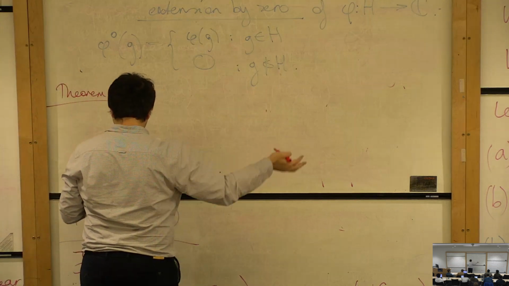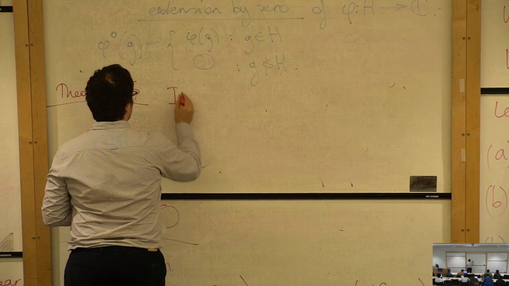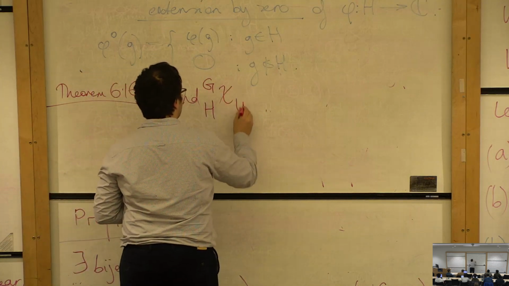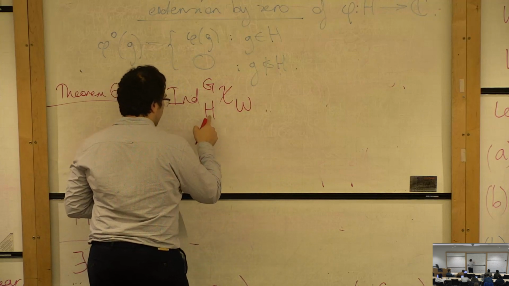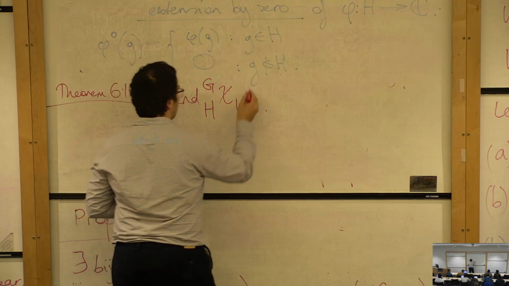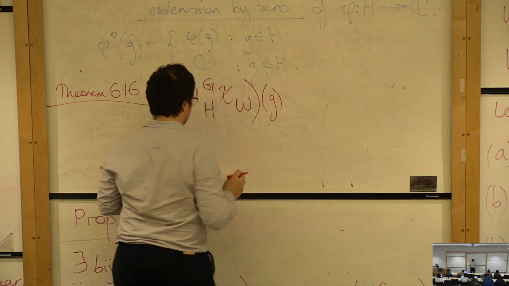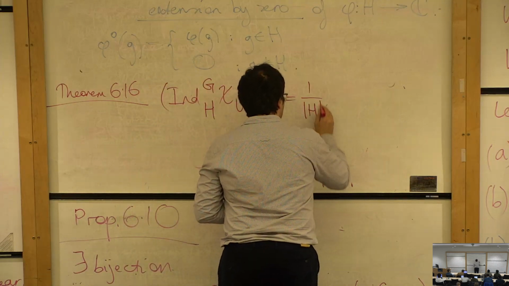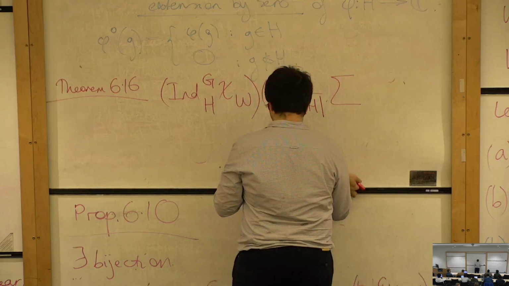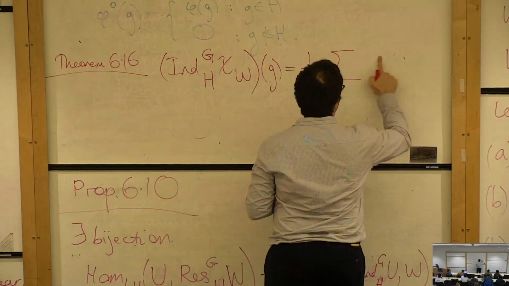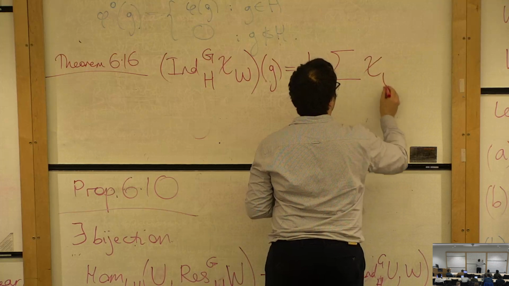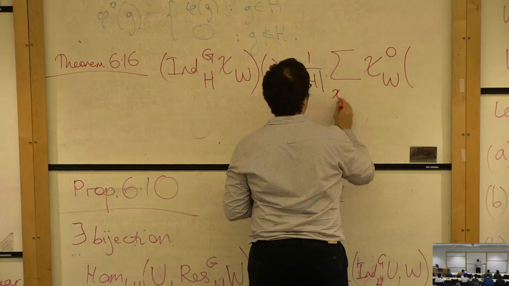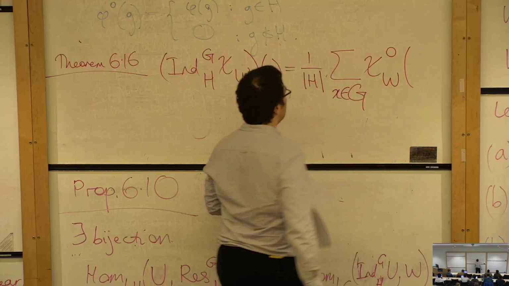So notation as before. The value of the induced character of a representation of H called W on a group element little g is the sum over all elements in the group.